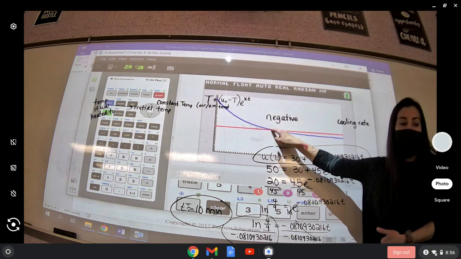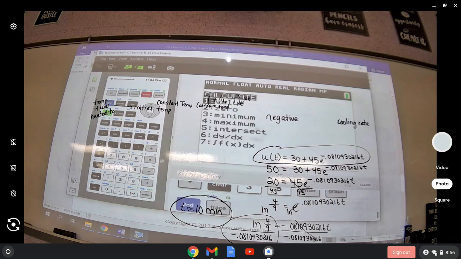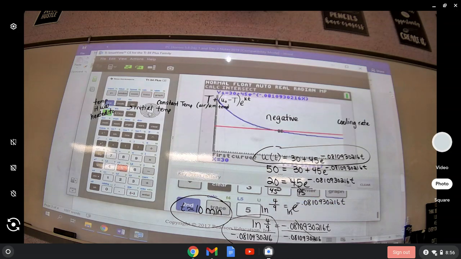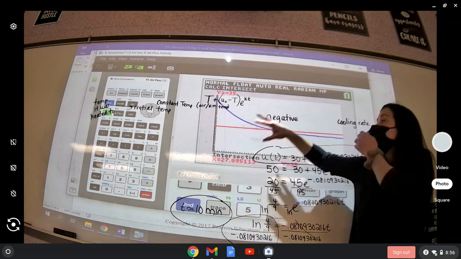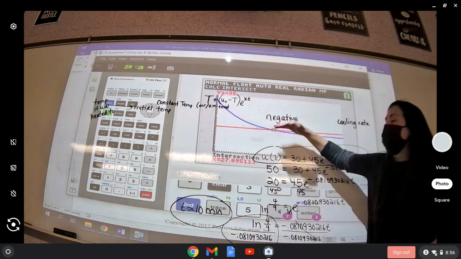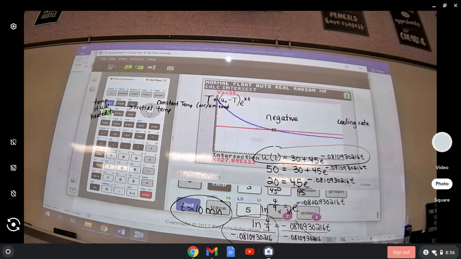Find the intersection of these two graphs. So second trace, hit number 5 for intersect. Just gonna move it a little bit closer to the intersection point. Yes, yes, and yes. And it takes about 27 minutes, about 27.09 minutes for this object to cool to 35 degrees. So that answer is about 27 minutes.